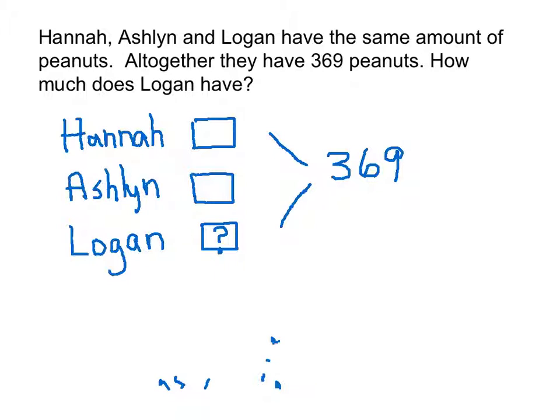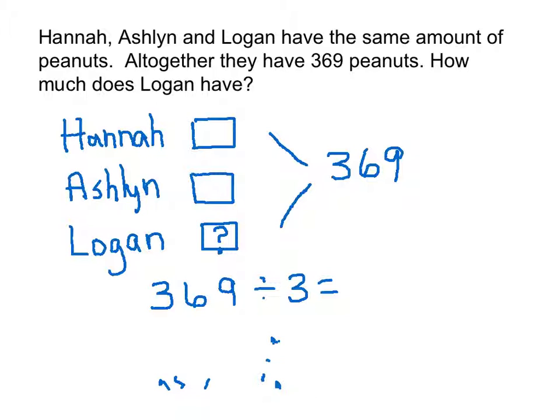But what I know from my drawing is that all three boxes have the same amount in them. So I'm going to split 369 into three equal amounts. And of course, that's division. 369 divided by 3. Now when I'm solving this one, I notice that 369 are all multiples of 3.